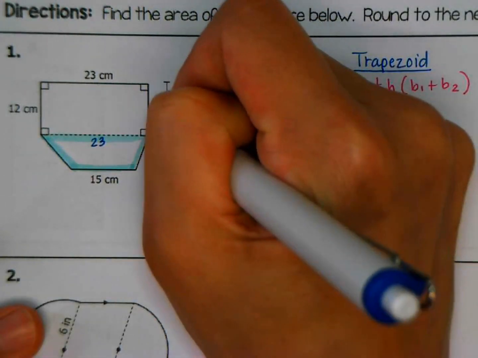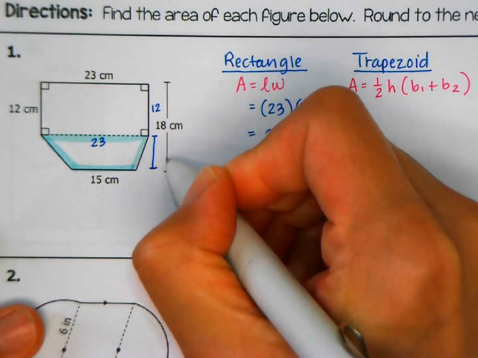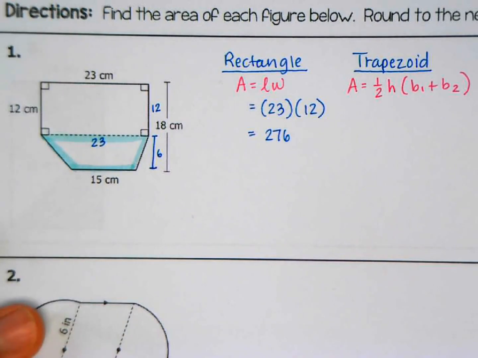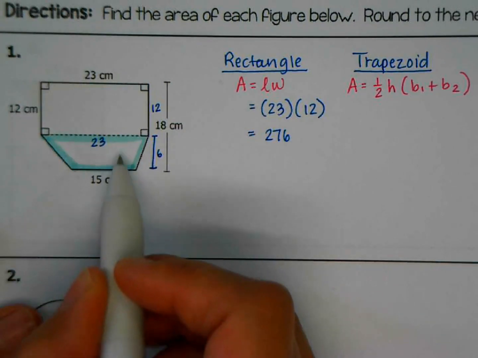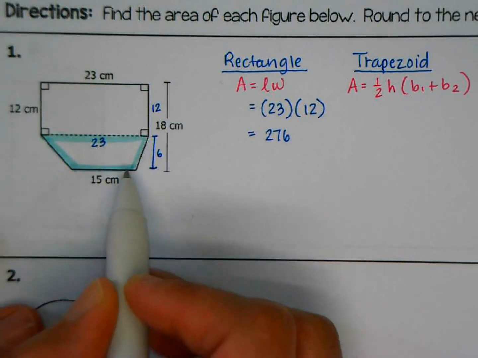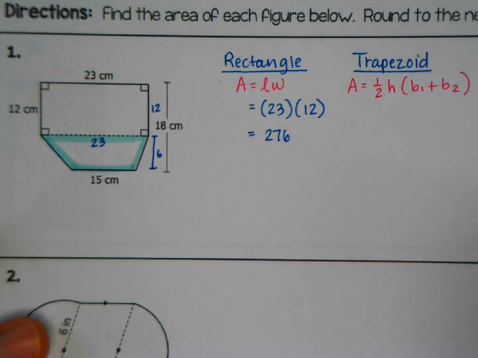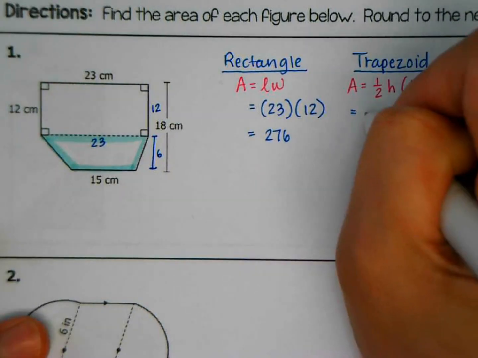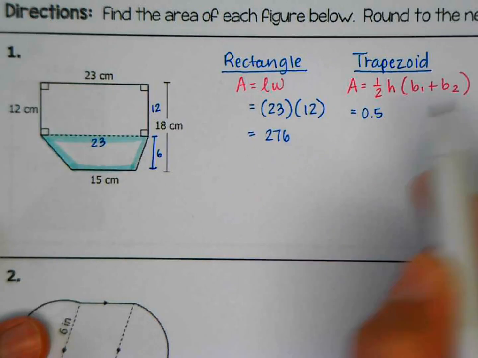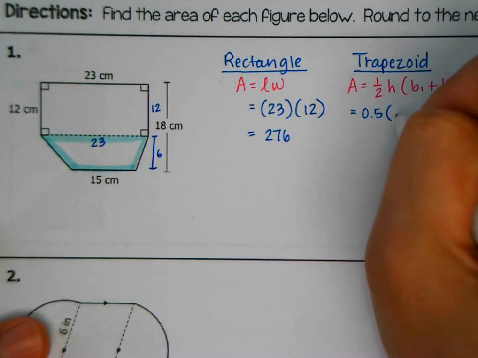So from here to here is 12. If this whole segment is 18, then that means this much is 6. The height of this trapezoid is 6, and we have our two parallel bases. Remember, the bases are always parallel to one another. So here's what we have. 0.5. I like to change the 1/2 into 0.5, makes things easier for me.